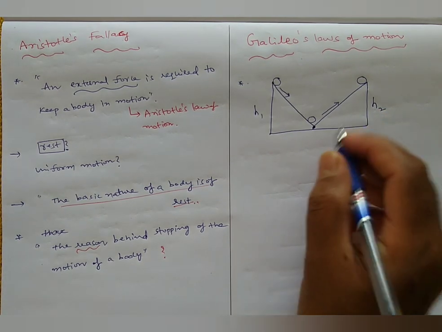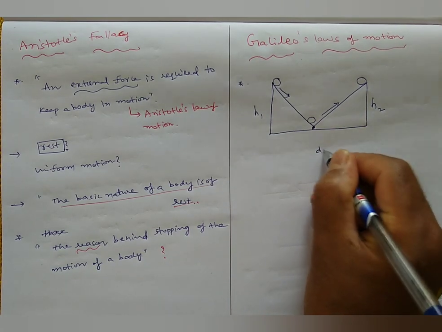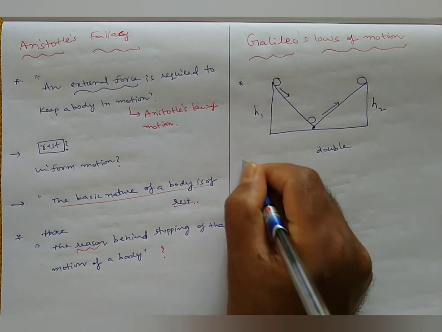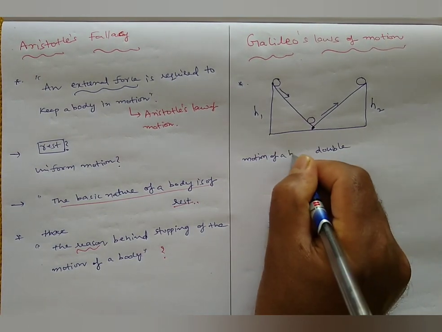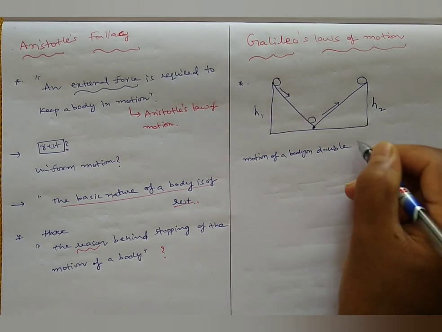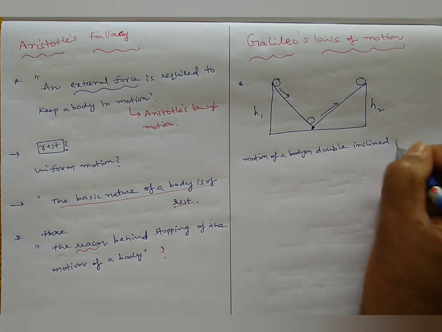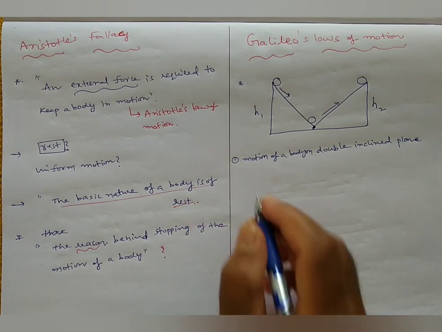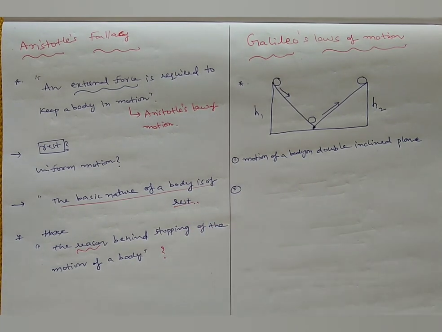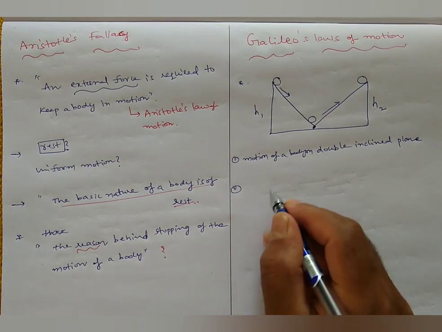This is the first experiment: motion of a body on a double inclined plane. The second one is just the motion of a body on a horizontal plane.